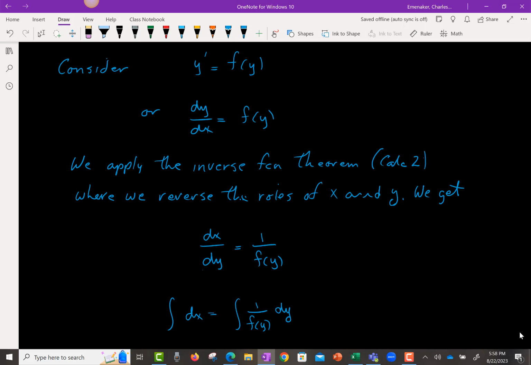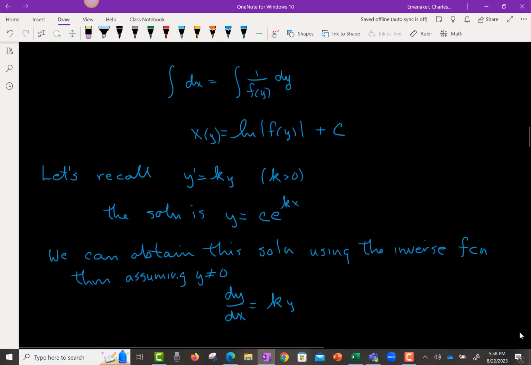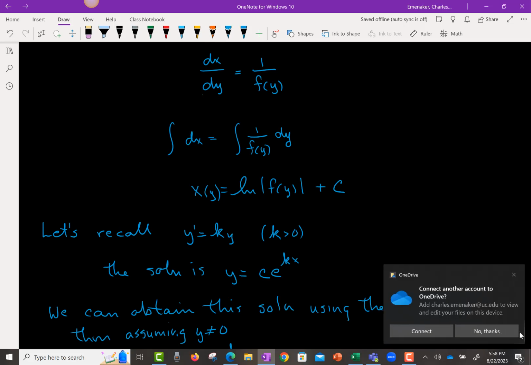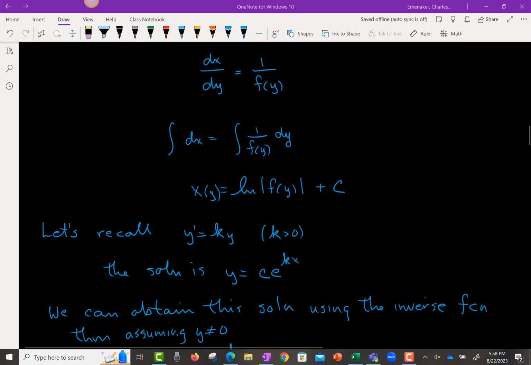Okay, so what's that get us? Well, what that allows us to then do, let's move this up a little bit here, is I'm going to multiply both sides by dy. So on the left-hand side, I'm just going to have my dx. And on the right-hand side, I'm going to have my 1 over f of y is going to be equal to 1 over f of y dy.